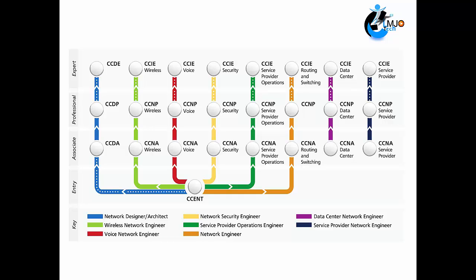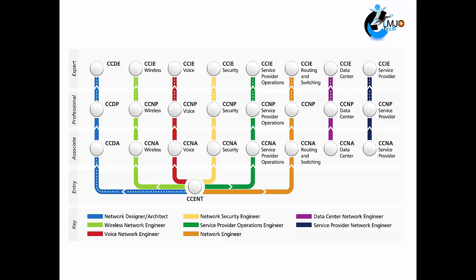So that was a brief and simple explanation of your Cisco certification path, but I would really recommend that if you want to get inside the Cisco world, what you need to do is start with CCNA routing and switching.